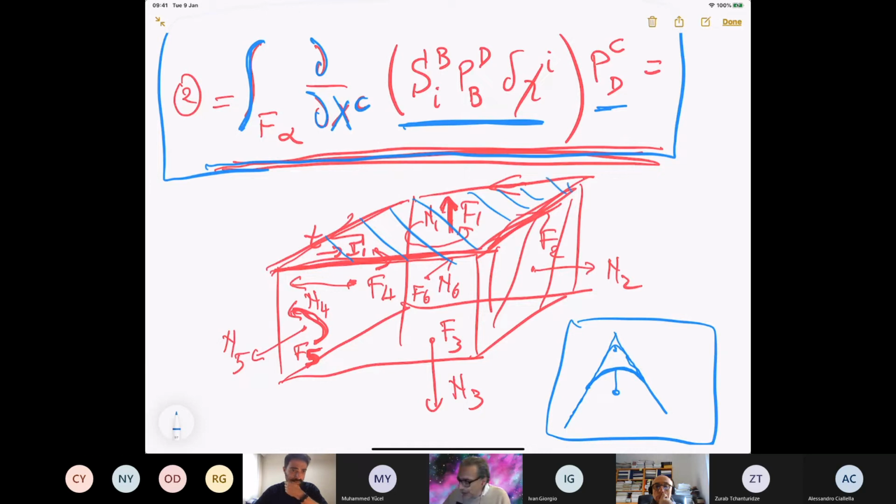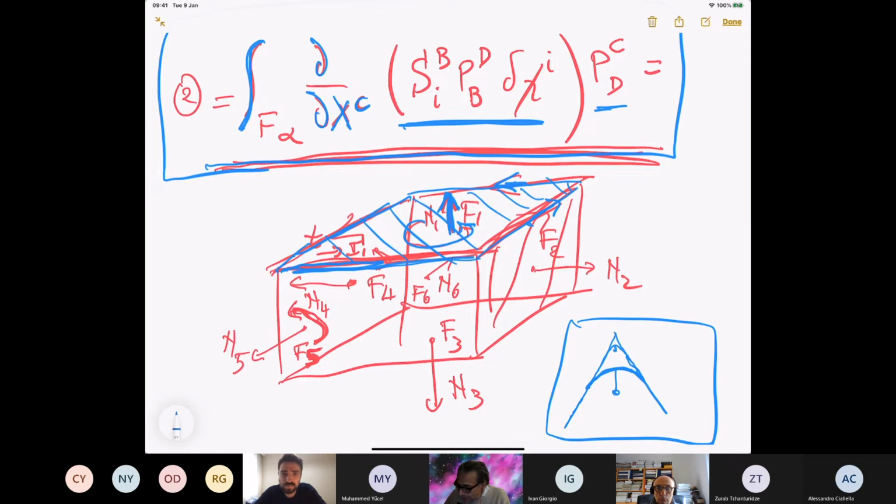The outer normal pointing is this one, and you can move in this direction around using the right-hand rule. So you can orient the boundary of F1, which is the union of these curves, in a coherent way with the outer pointing normal N1. So these are the tangent vectors of the curves.